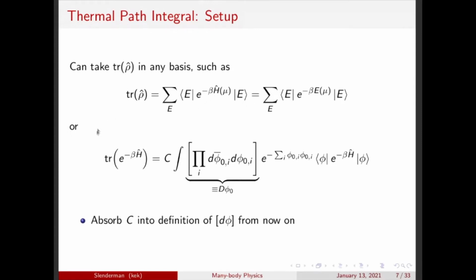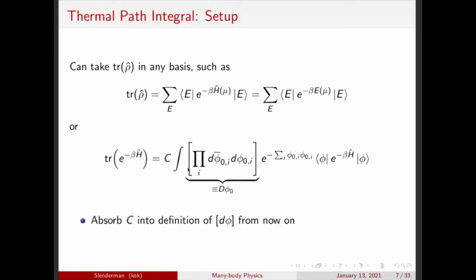Similarly, we can evaluate the trace using these coherent state basis vectors that we've been working with. It's not as nice as the diagonal H basis, but we typically can't actually diagonalize the Hamiltonian. If we could, we wouldn't have to go to so much work.